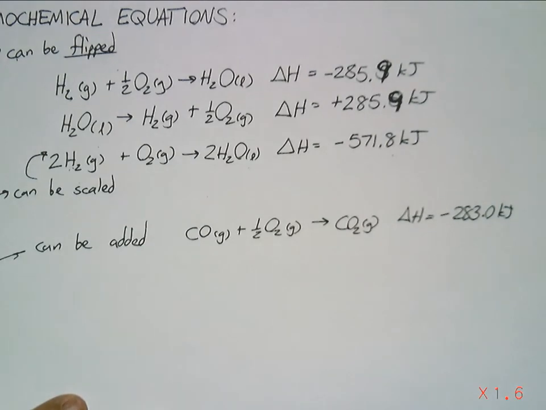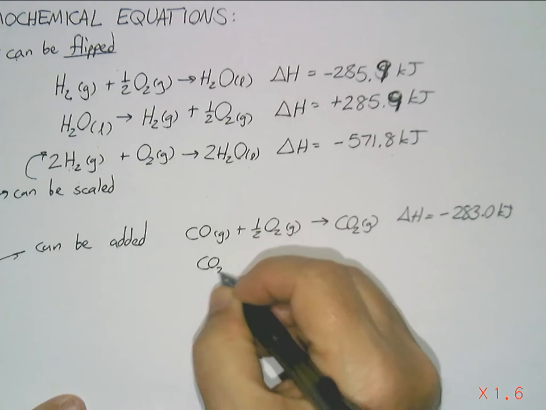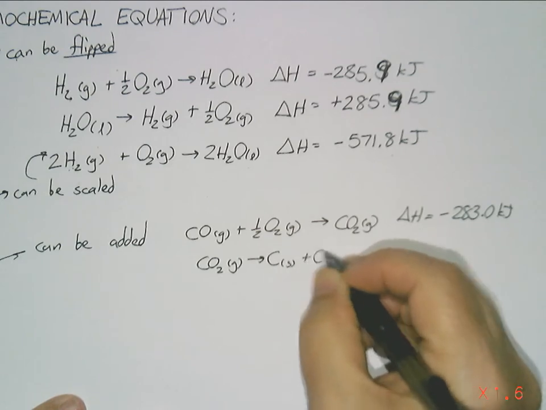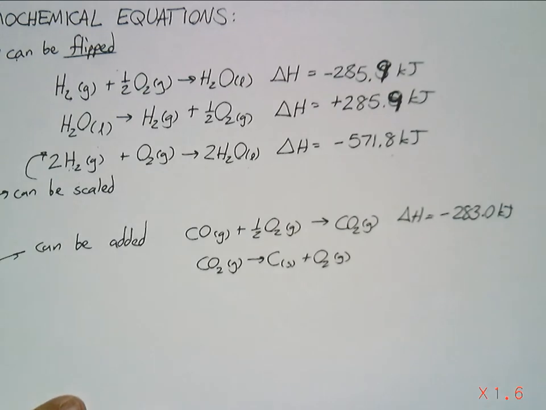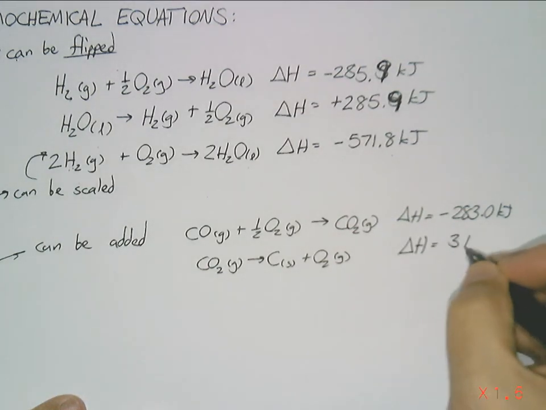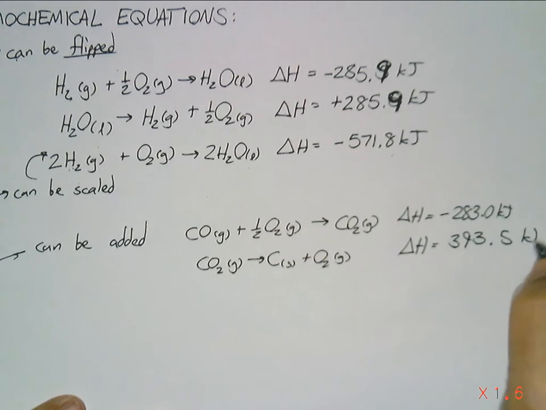And let's suppose you have, let me look it up, it'll be minus the formation for CO2 gas, so it'll be 393.5 kilojoules. So suppose I have these two reactions, and I want to add them up.